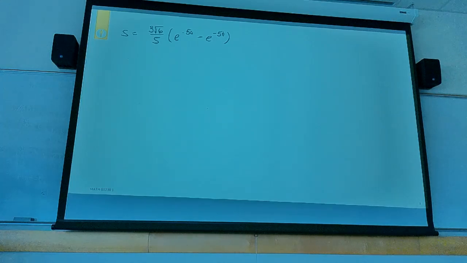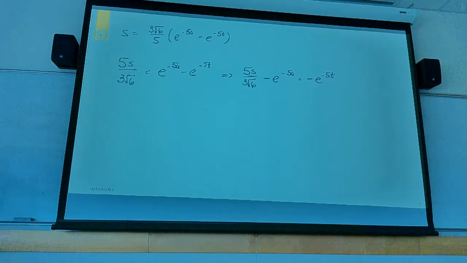Well, the first thing to do would just be to get that 3 root 6 over 5 to the other side. Remember, a is just some constant.